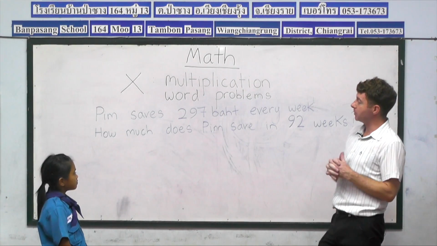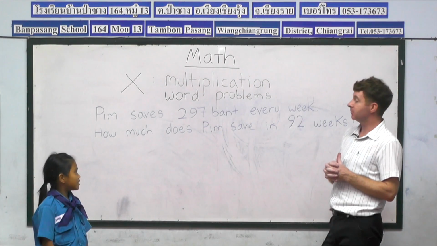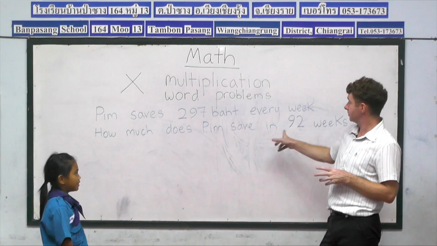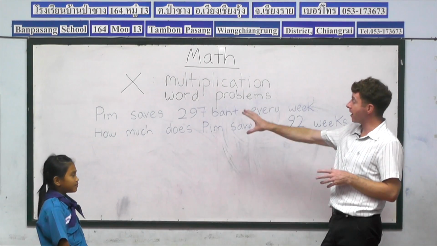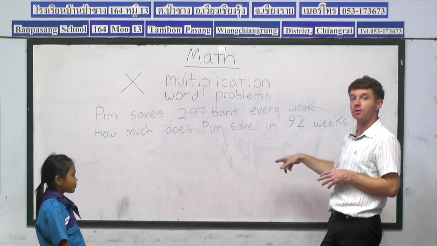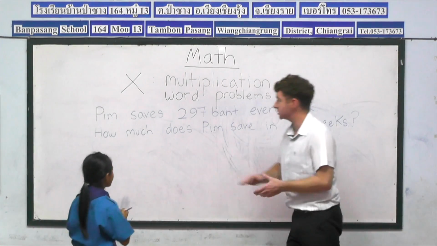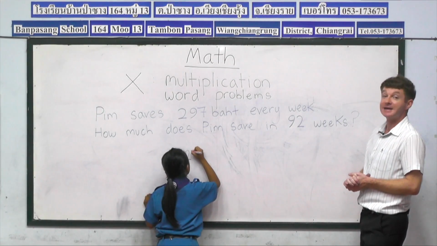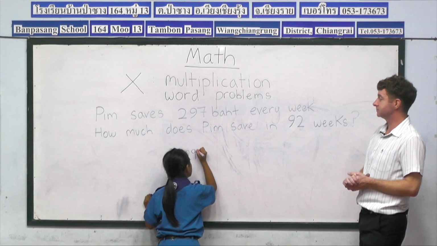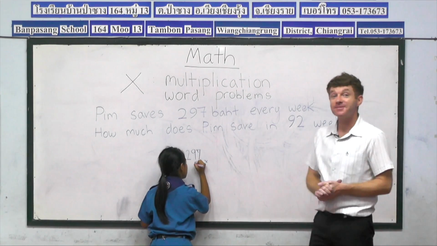So who can tell me what numbers do we use in our multiplication problem? 297 times 92. Perfect. Pak Bung has correctly read and identified the numbers for multiplication. So Pak Bung, can you do our multiplication table? 297 multiplied by 92.